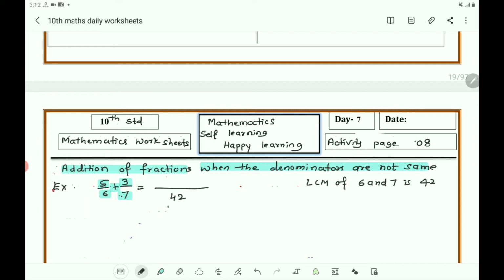Now you write 42 here. Then this 5 changes, as the numerator is changed. Here you know that 6 sevens are 42, and 5 must be multiplied by 7 only.